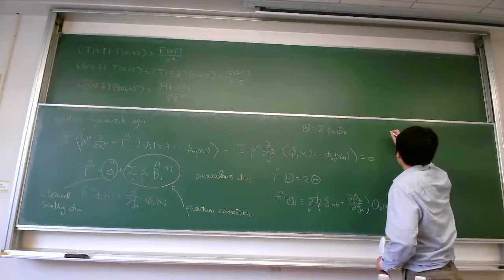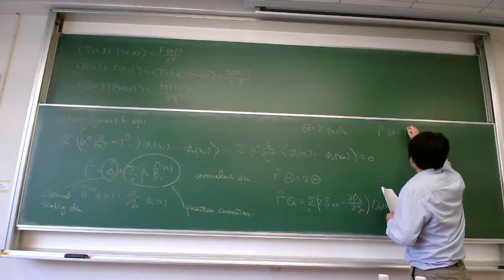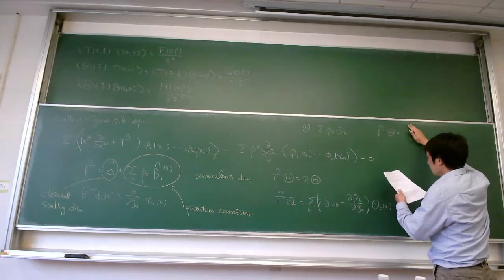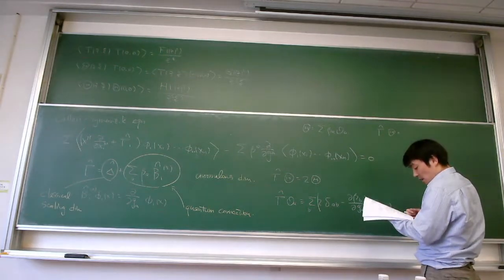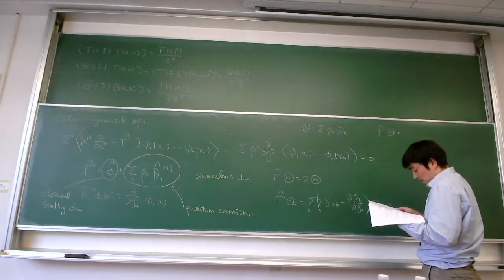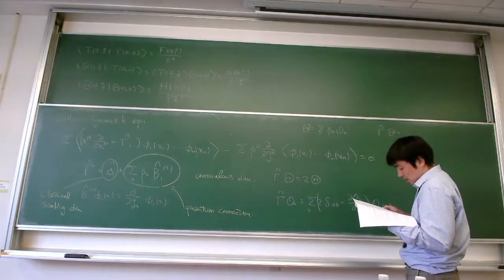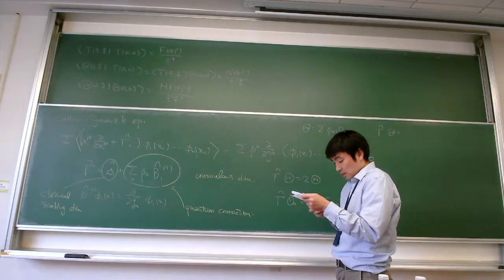So if gamma acts on Theta, and this gamma, sorry, I think I made a mistake. Again, my note is a bit strange. The 2 pi is strange.